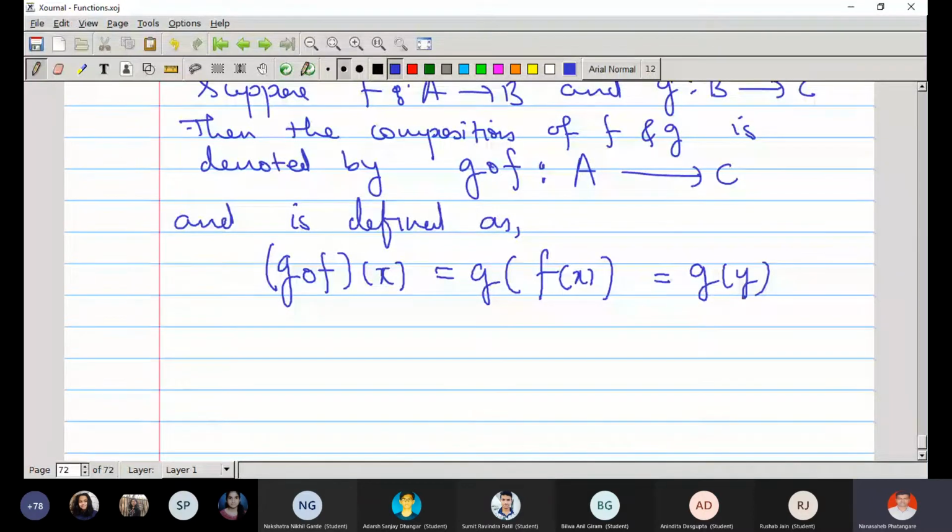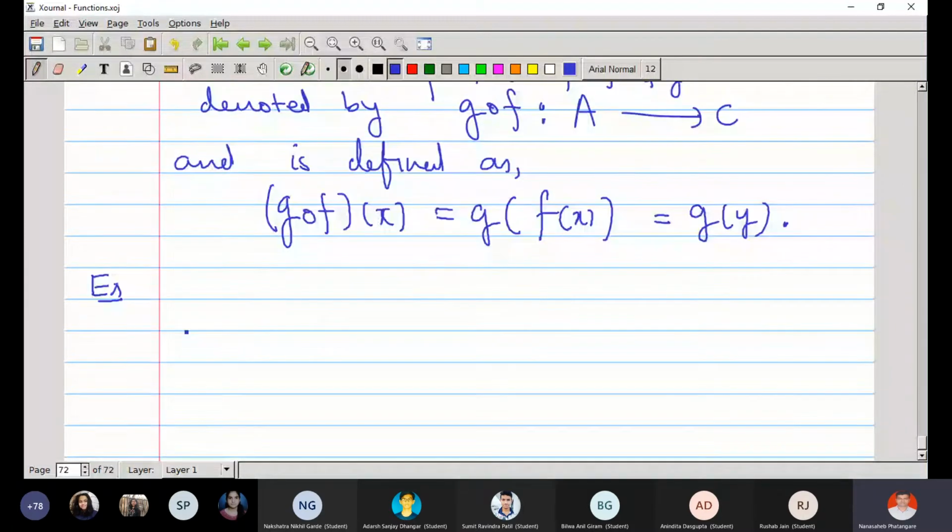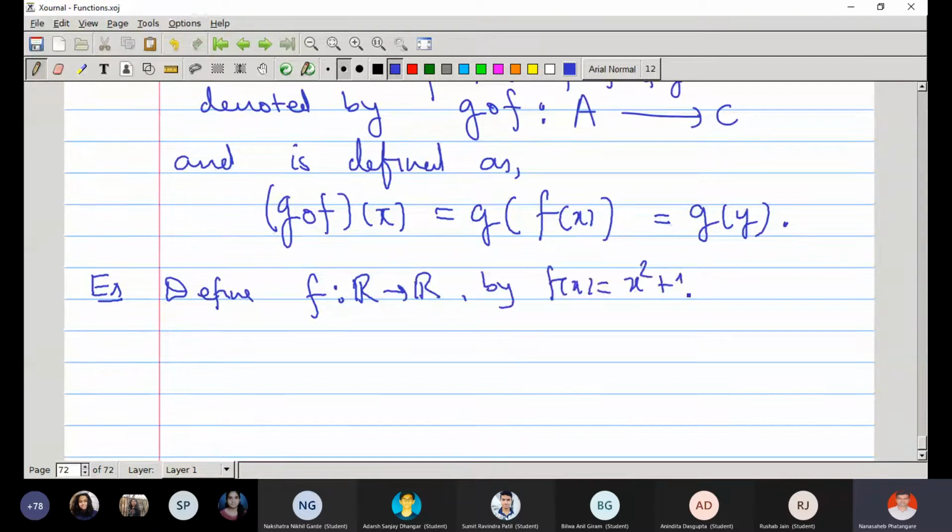For example, if we define F from R to R by F of x is equal to x square plus 1, right? And define G from R to R by G of x is equal to sine of x.